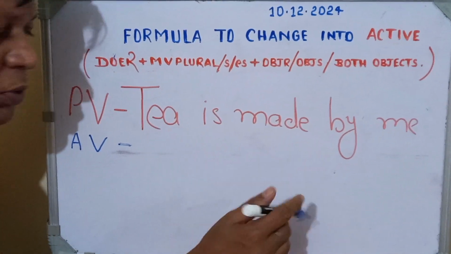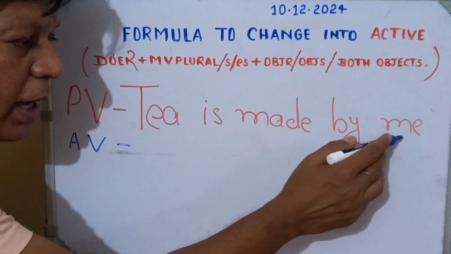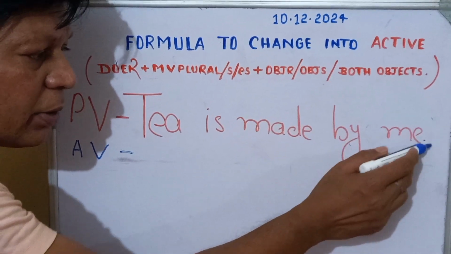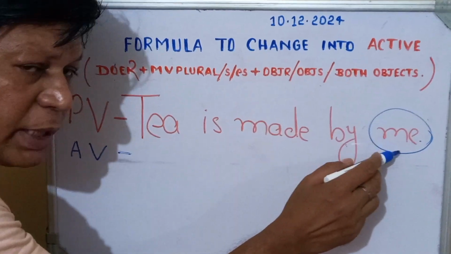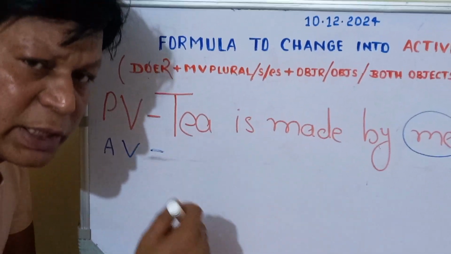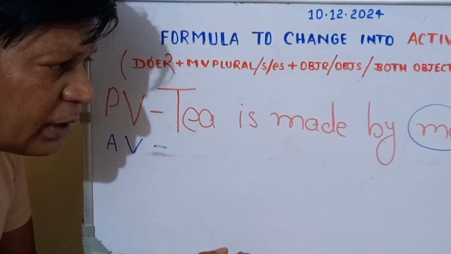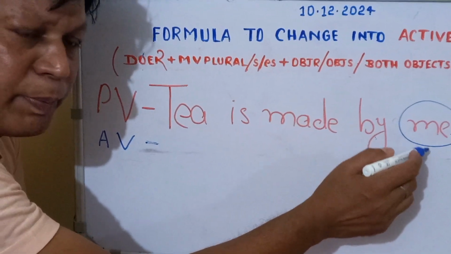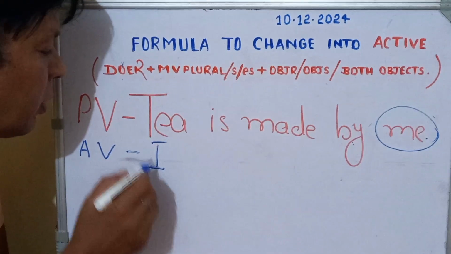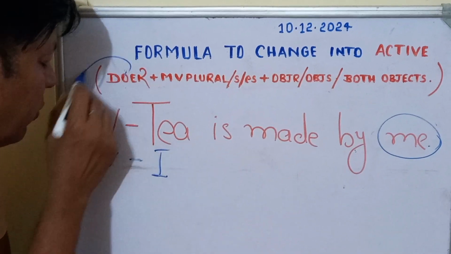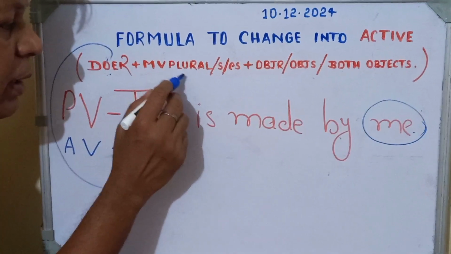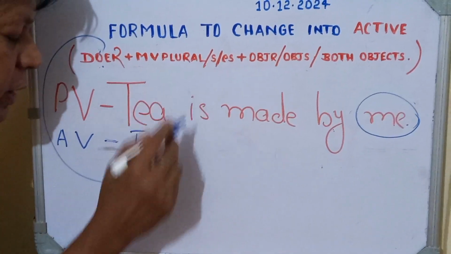As you know, the word after by is a doer. The word after by is here me, and because me is in objective case, we will change objective into subjective. So subjective of me is I. Okay. Now we got doer I, and after doer we use main verb plural or s or es form.